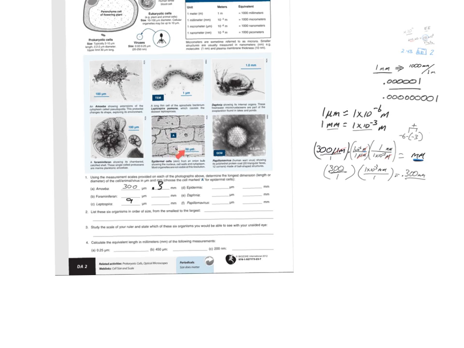So you have to find a way to convert these measurements, what you're seeing, into one standard, and the standard that's given here in this problem is millimeters. So before you can compare their sizes, you have to convert all these micrometer measurements. You're using this little line and saying, okay, this is 100 micrometers here, so how long is this? And this is 100 micrometers here, so how long is this? And this is 1 micrometer here, how long is this?